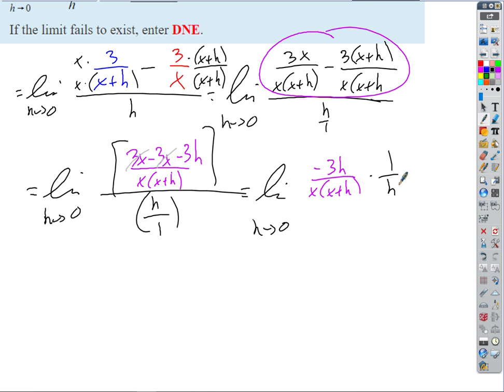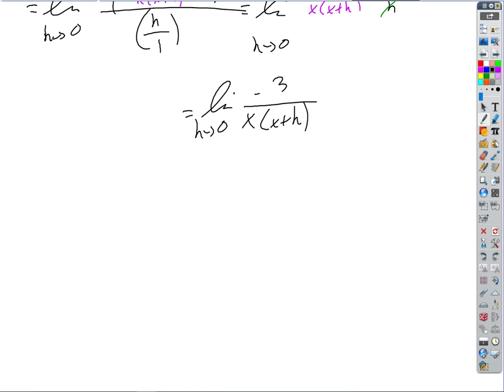Cancel the h's. That leaves me with the limit of negative 3 over x times x plus h as h goes to 0. Now in the limit that h goes to 0, what do I get? x squared. What am I left with for my final answer? 3 over x squared. There you go.